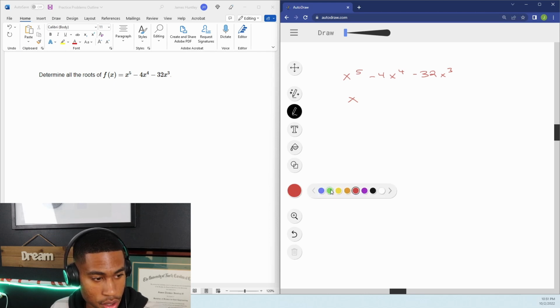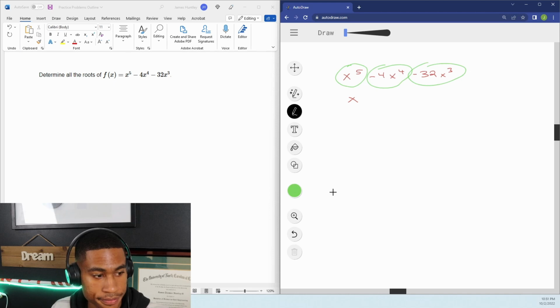Let me circle the sections so you see. I see x cubed in this, in that, and in that. So I'm going to go out on a limb and say I can definitely factor this down to x cubed.